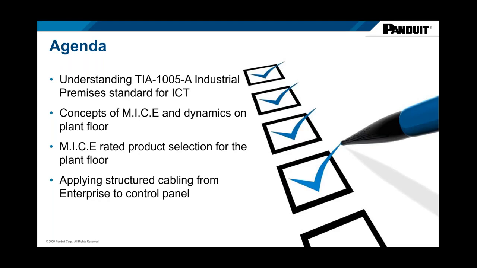In the second half of our presentation, Jim Davis from Fluke Networks is going to carry on that conversation with regard to the standard, talking about testing and validating to that same TIA 1005A standard. So with that, I'm going to get moving here.